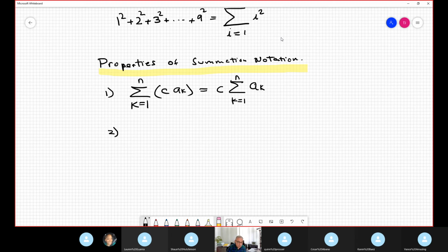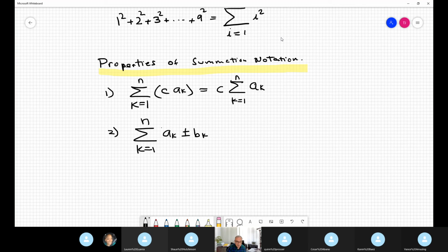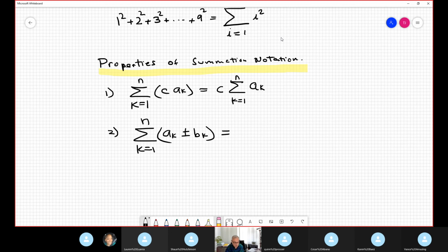The second property is summation from k equals 1 to n, and inside the summation we have two terms, a sub k plus or minus b sub k. I consider the summation like an operator, right?